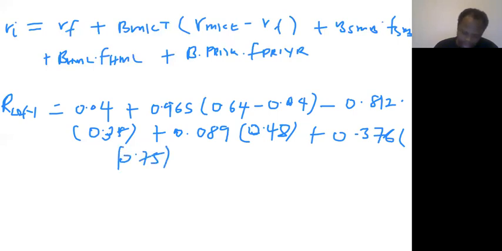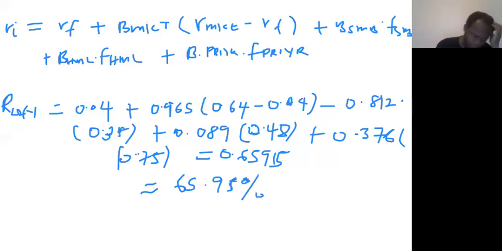So when you sum up, that gives you 0.659, which is equivalent to 65.95%. So that is the cost of capital for Lofty. The cost of capital for Lofty using the factor model is 65.9%.